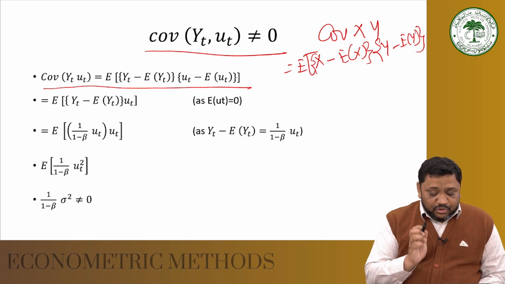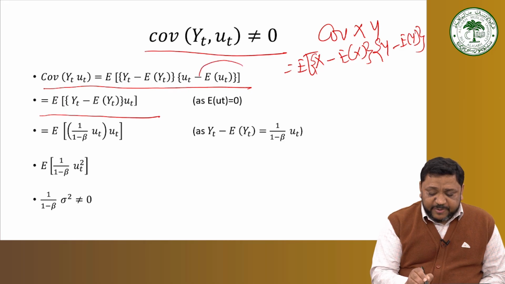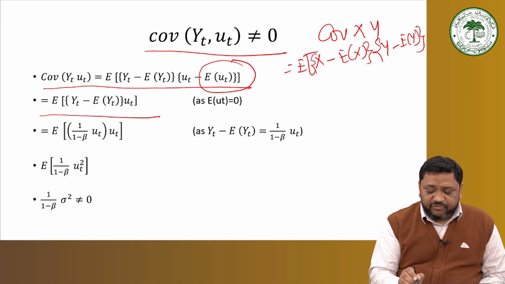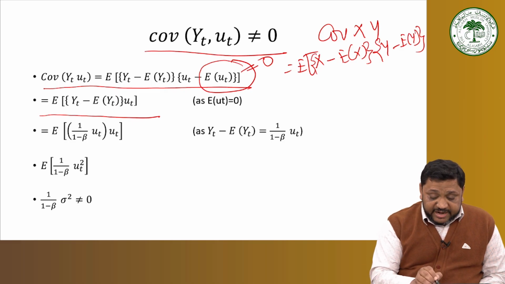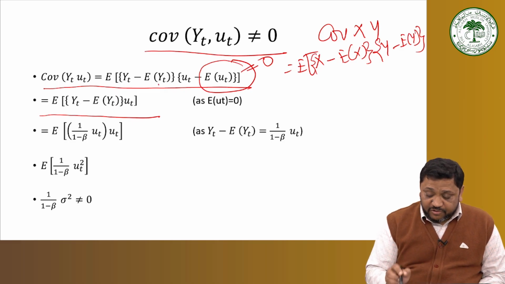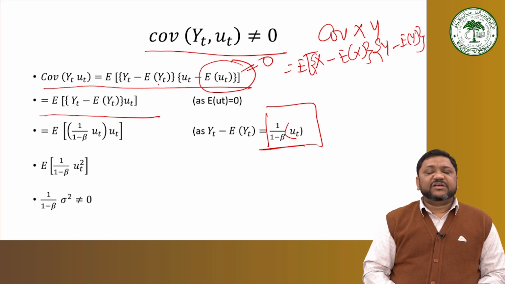Now, this I am writing in this format. Expected value of ut is equal to 0, and yt minus expected value of yt we have just now seen is equal to 1 upon 1 minus beta ut.